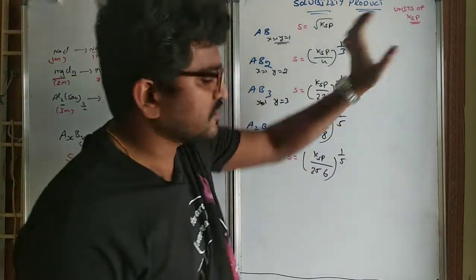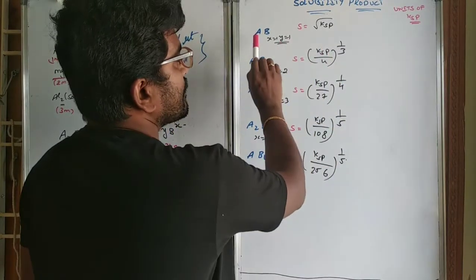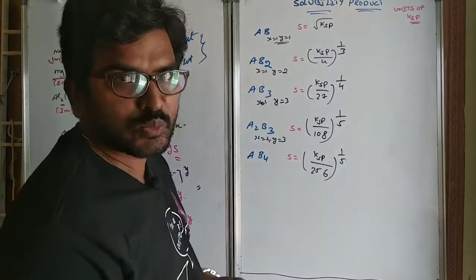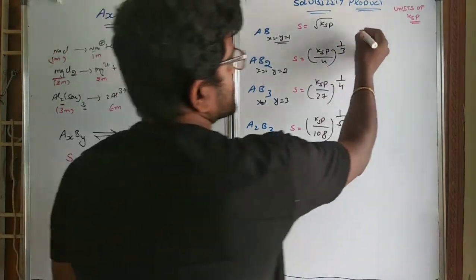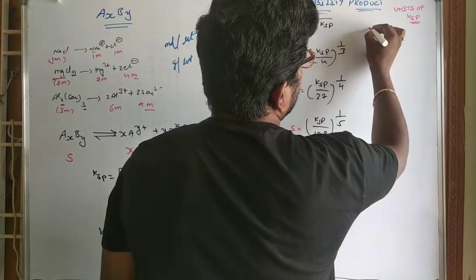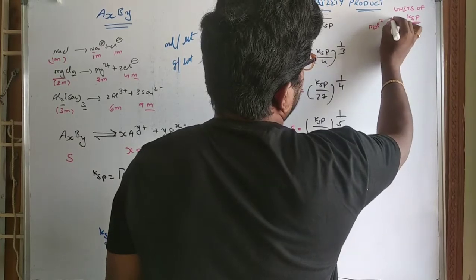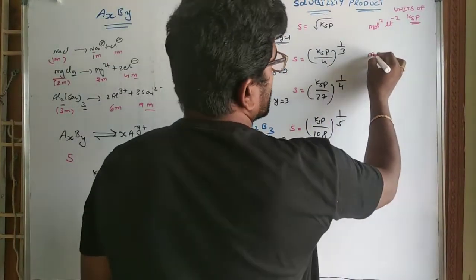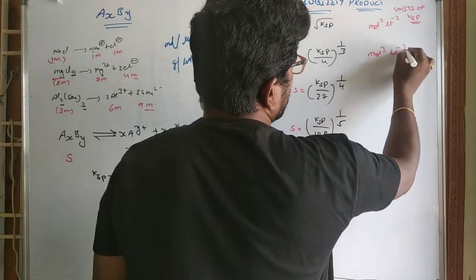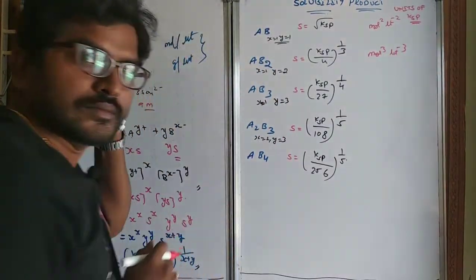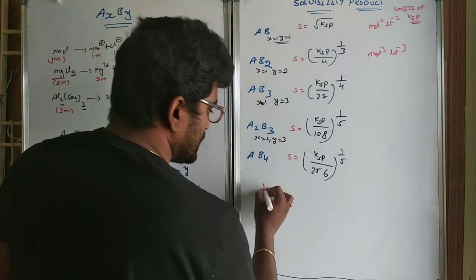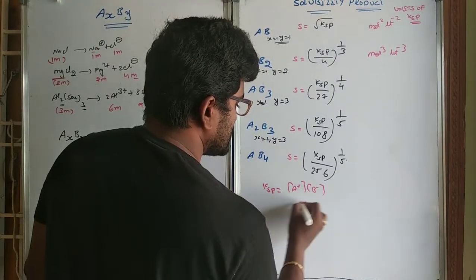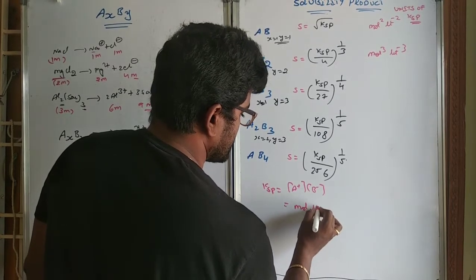Now, units of KSP. You know very well, it is the product of concentrations raised to the power equal to their stoichiometric number. This is 1 and this is 1. So the unit will be mole square liter power minus 2. In this case, mole cube liter power minus 3. See, I will tell you. KSP is equal to concentration of A plus into concentration of B minus.